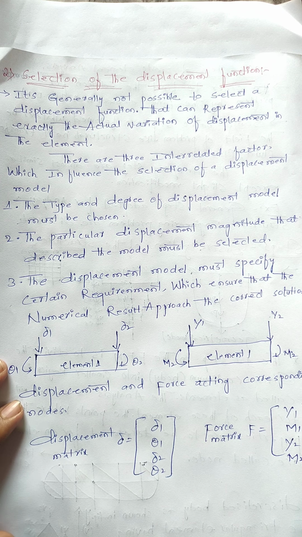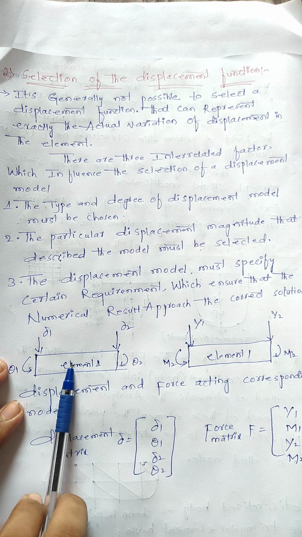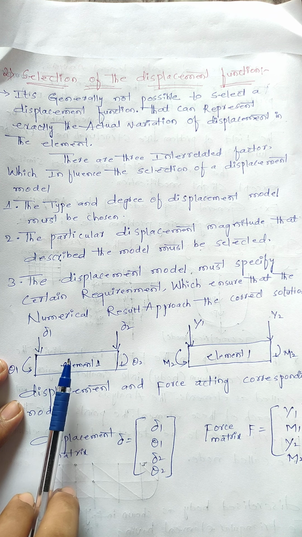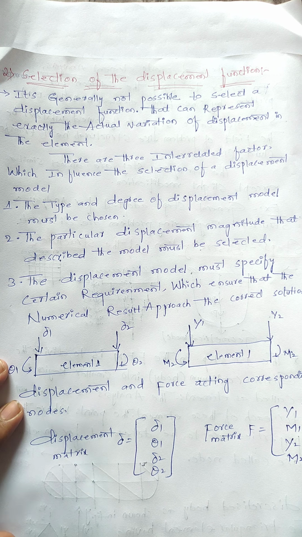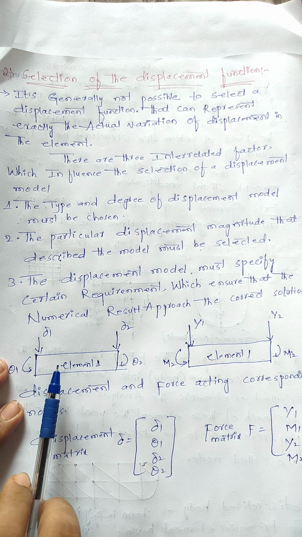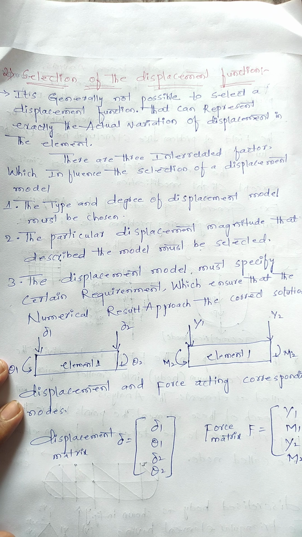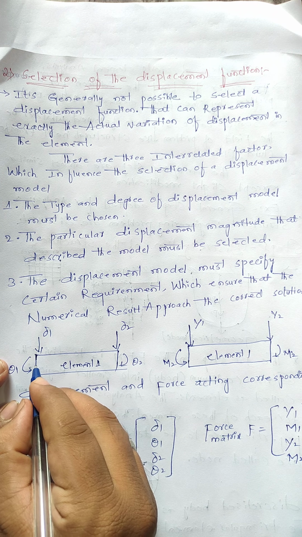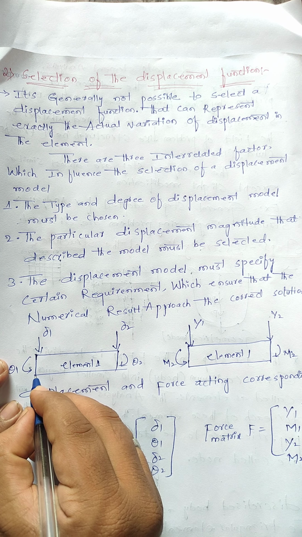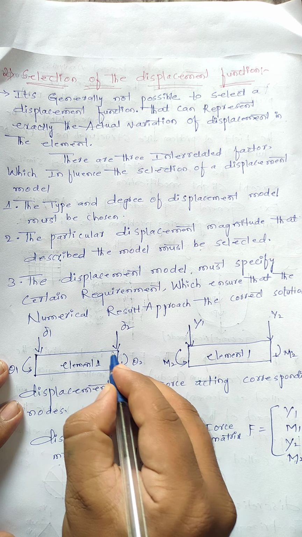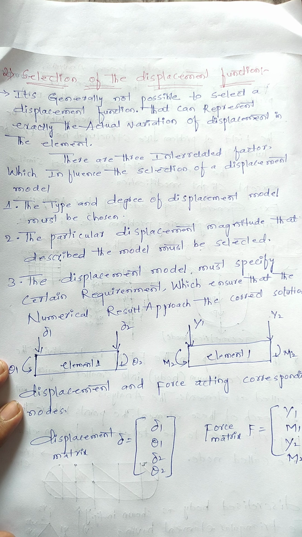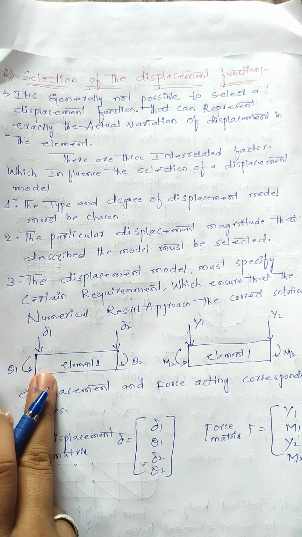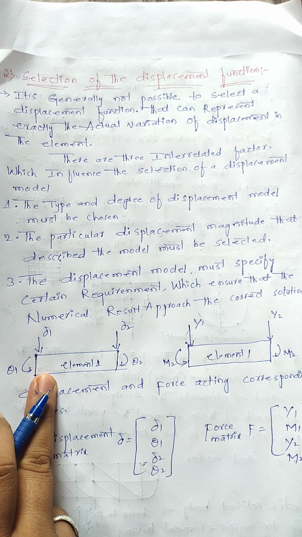For example, let us see this figure. This is a two-dimension element. Here, consider the first node, second node, third node, and the fourth node. The type here is a 2D bar element.